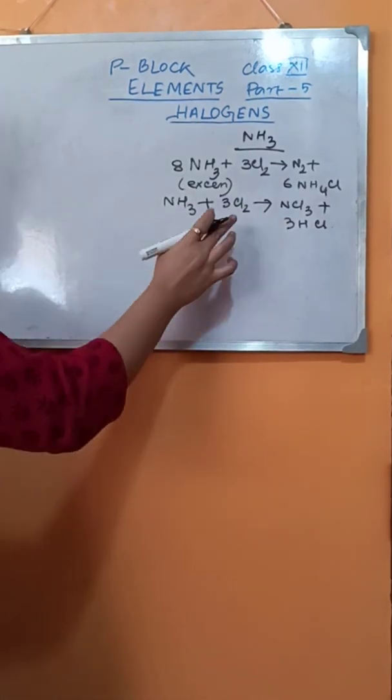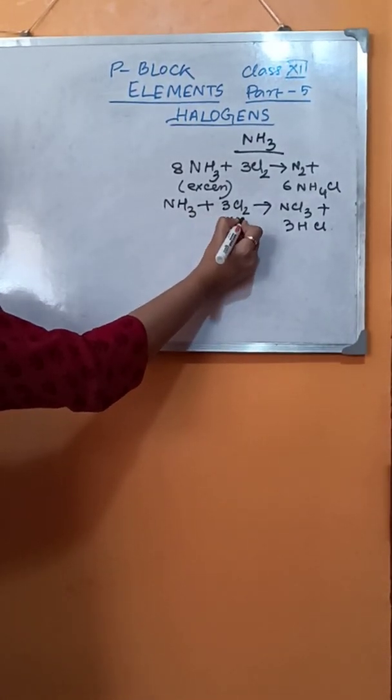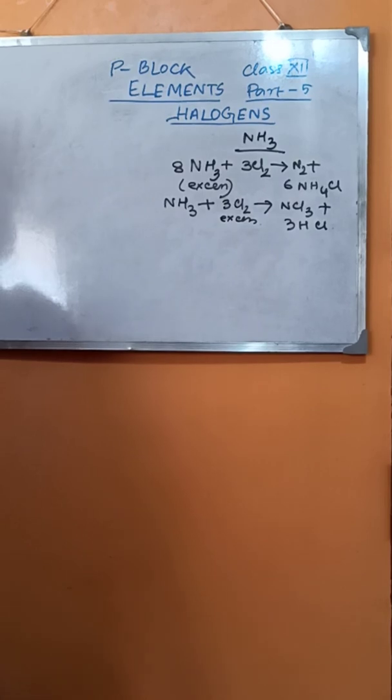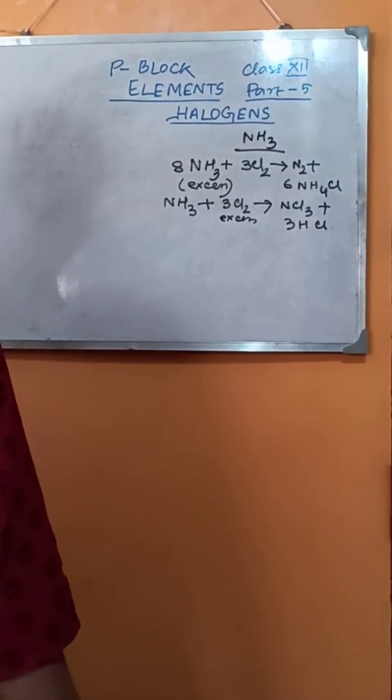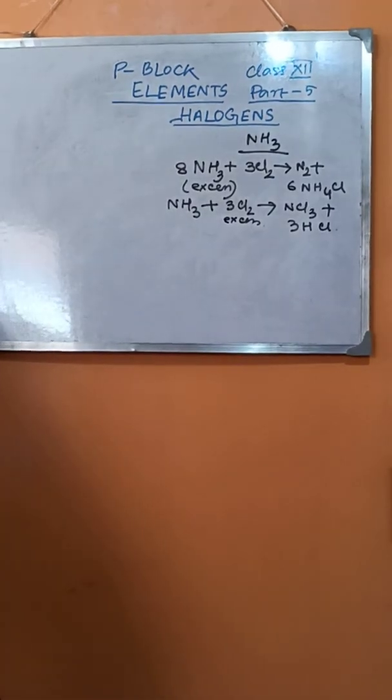Okay, in the other case here chlorine is in excess. These are the reactions of chlorine with ammonia.